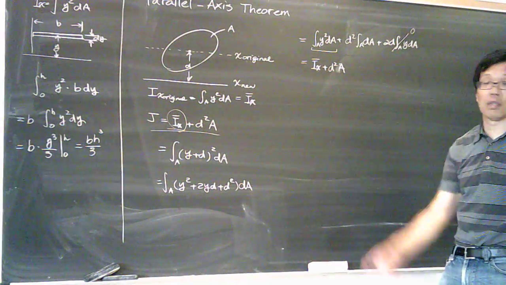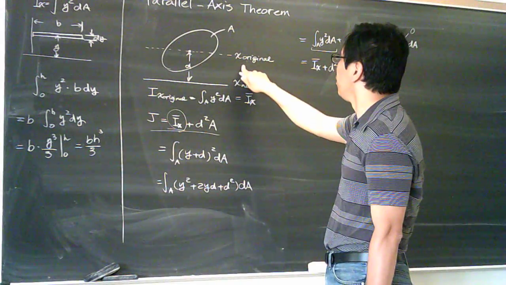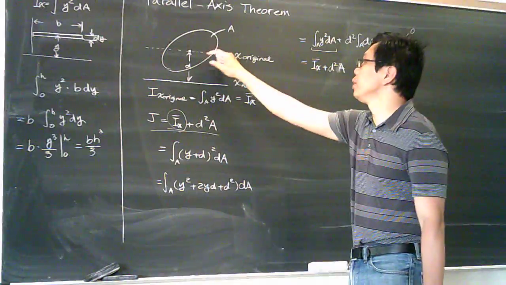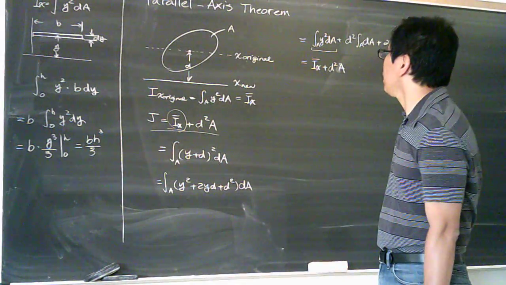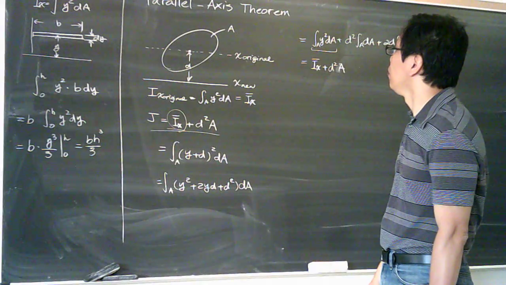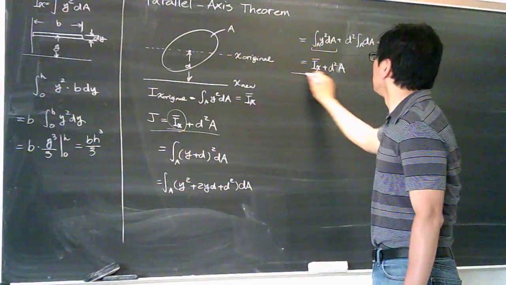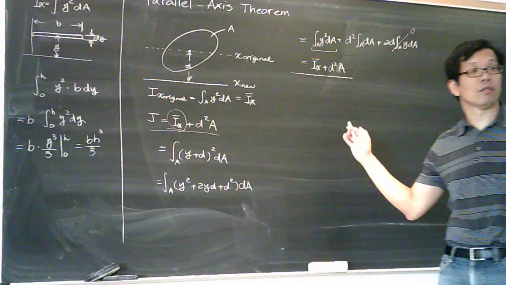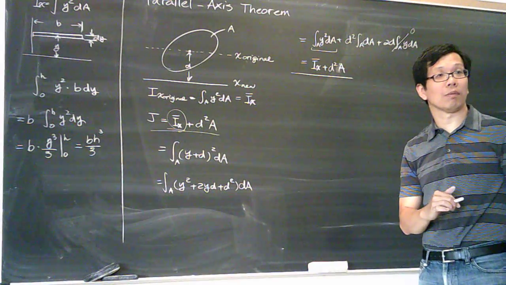So by using this formula, we prove that if you know your moment of inertia about its centroid, and you move this thing a certain distance away, then we can obtain the new moment of inertia based on the parallel axis theorem using this formula. Is that clear? Everybody understand what I'm talking about?